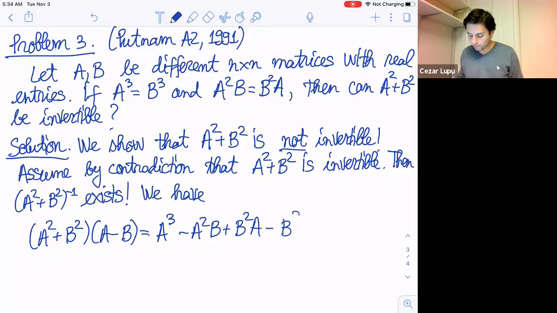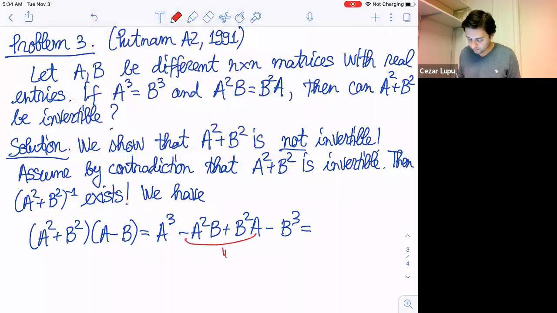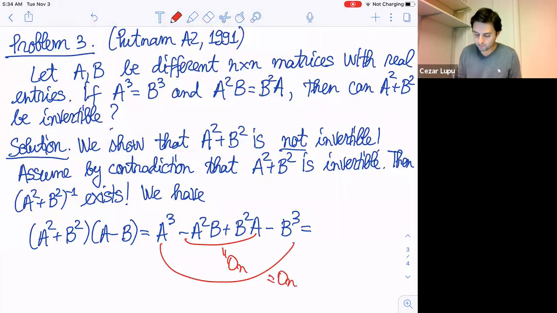Well, probably you'll see here that, given these two relations, this is the null matrix, and again, this will be the null matrix.